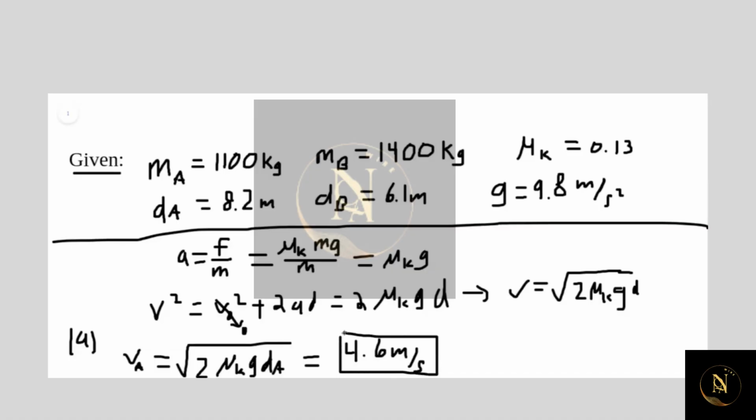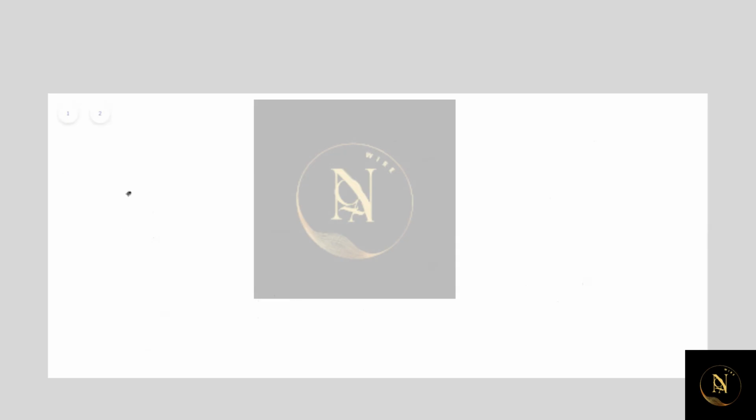Okay. For part B, we just simply do the exact same thing, except we substitute in the distance that car B travels.